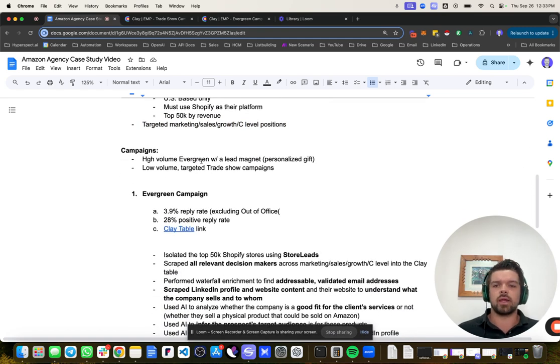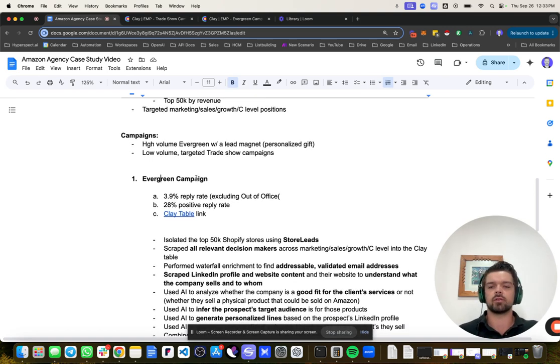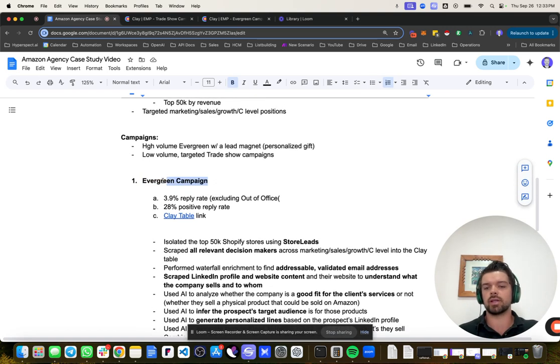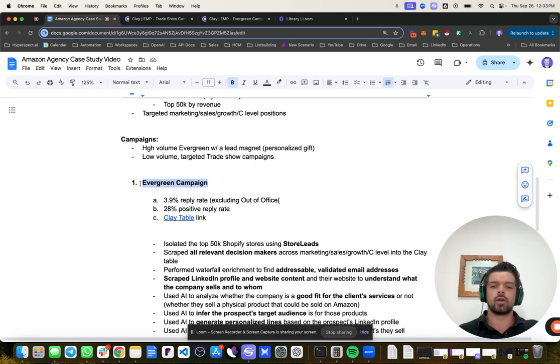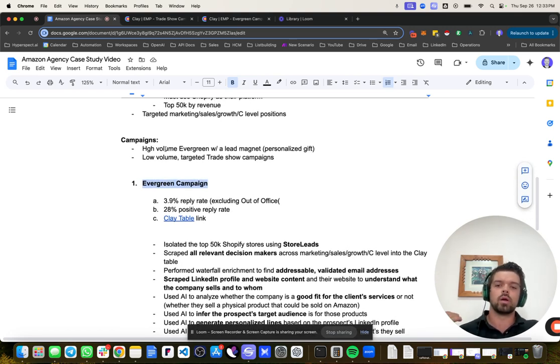In terms of the campaigns that we ran, we had two major successful buckets of campaigns. Evergreen campaigns were basically a high volume approach using AI personalization, targeting a broad swath of these qualified e-commerce companies and the decision makers at those companies.